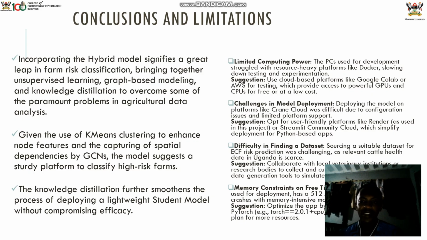We also had difficulty in finding a data set, so we had an option to collaborate with local veterinary institutions and research bodies in order to have correct and accurate information about farm data. We also had problems of memory constraints on the free tier for hosting provided by Render, and in future we opt to upgrade to a paid Render plan for more resources.